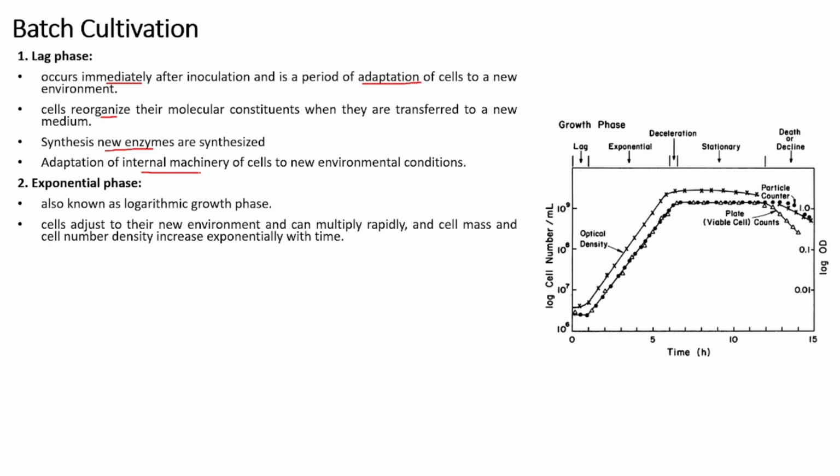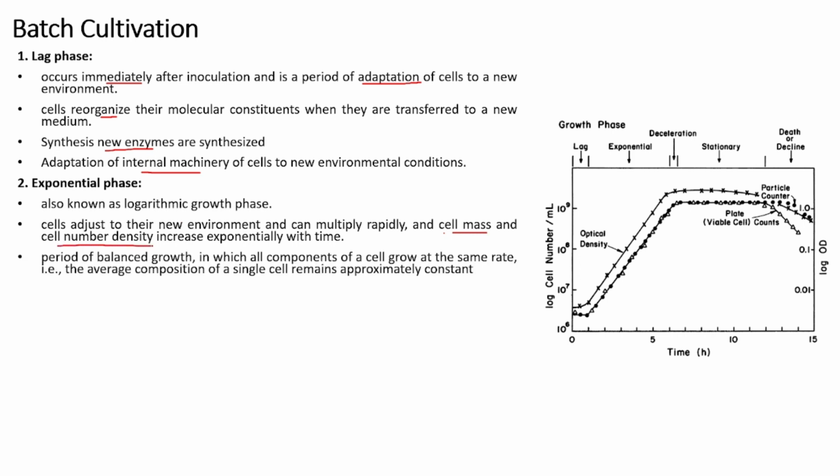Okay, so during this phase, because the cells multiply exponentially, you will see there is a rapid increase in cell mass as well as cell number density, which increases exponentially with time, and this is also called as a period of balanced growth. Okay, why it is called balanced growth? Because in this phase all the components of a cell grow at the same rate. Okay, so that is why you will get a linear curve during this phase.